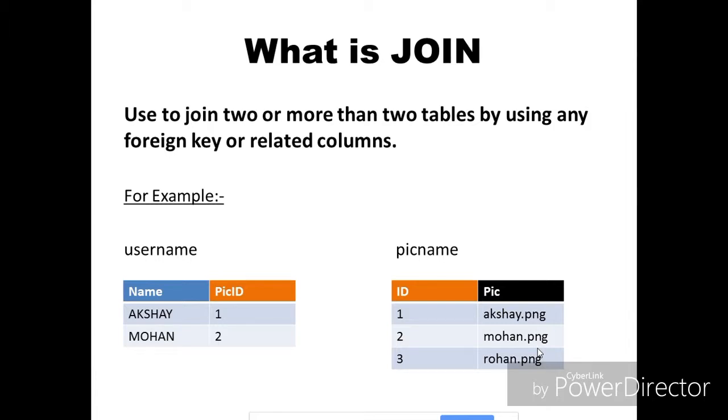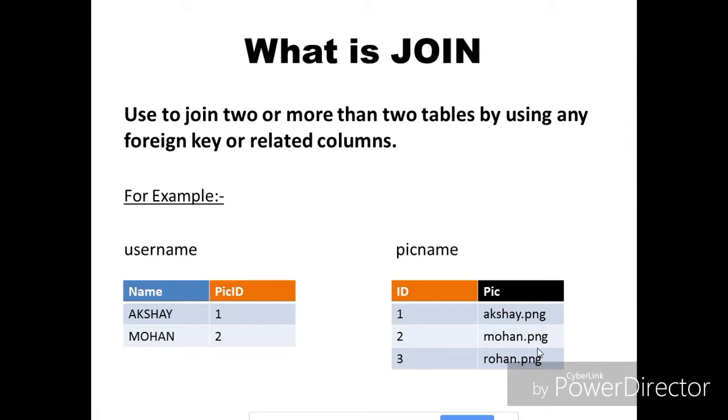The username table contains the name of the user and the pickname table contains the profile picture of the user. The pic ID column in username contains the ID of the profile picture. So we can easily join these two tables, username and pickname, by using the column pic ID of username and the ID of pickname.